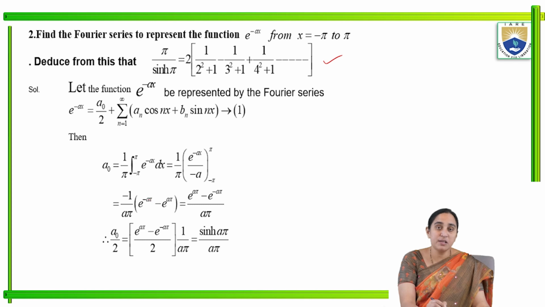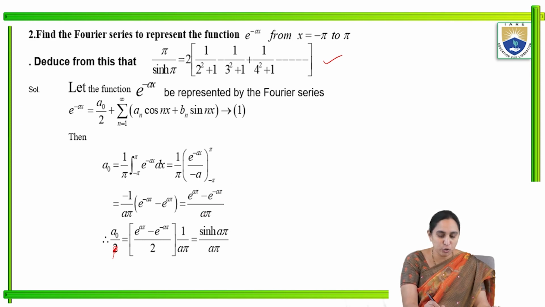In place of x I'm substituting the upper limit and the lower limit point. That is e power a pi minus e power minus a pi by a pi.